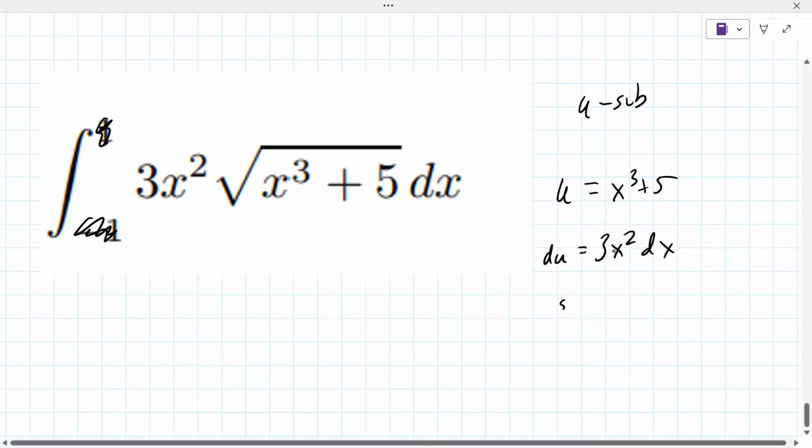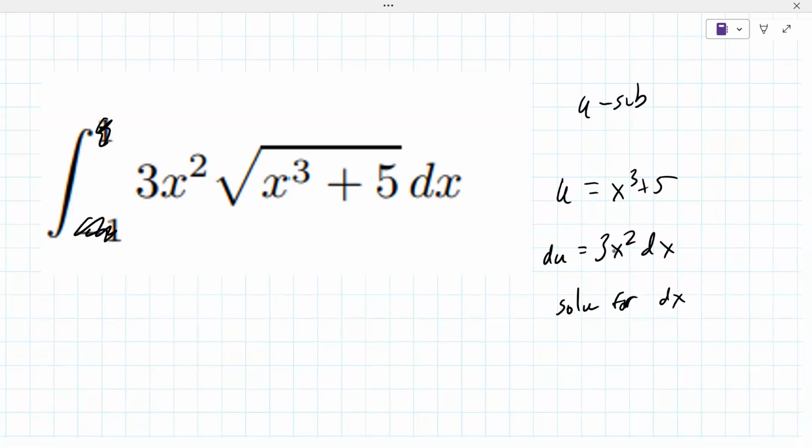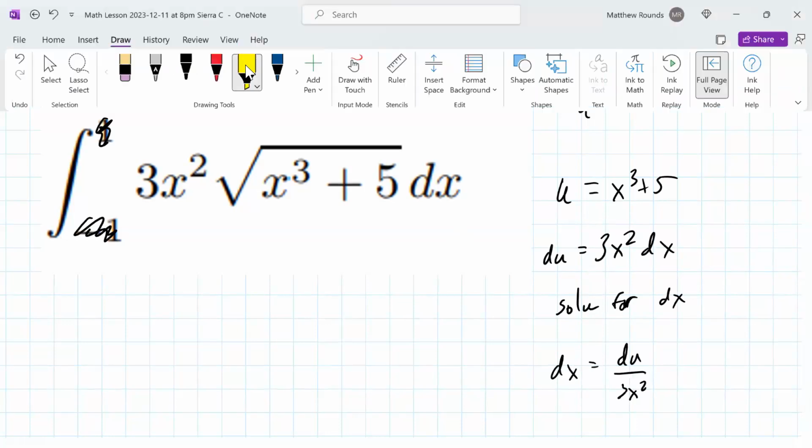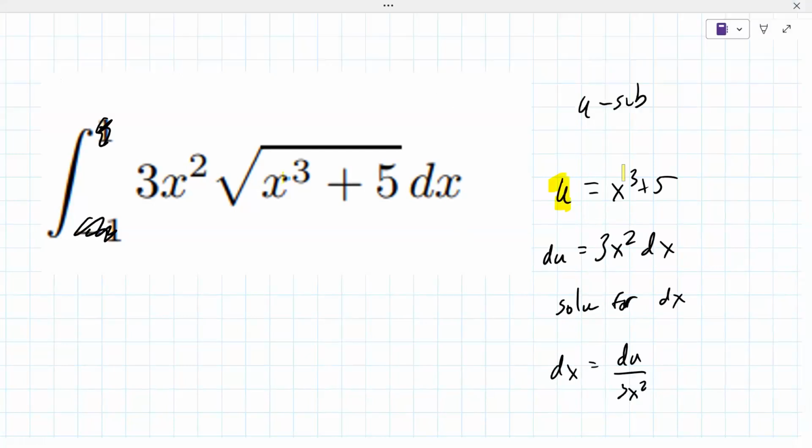Then you solve for dx. So dx equals du divided by 3x squared. Now there's two things you're going to substitute in for. You're gonna figure out where to put u, which is this, that's going to become u.